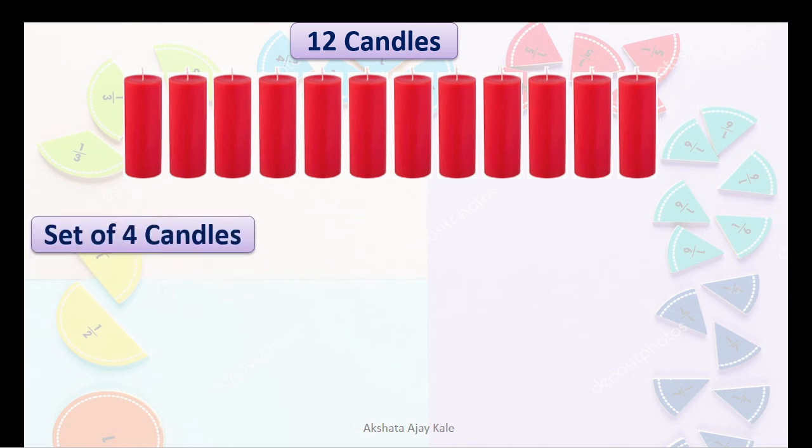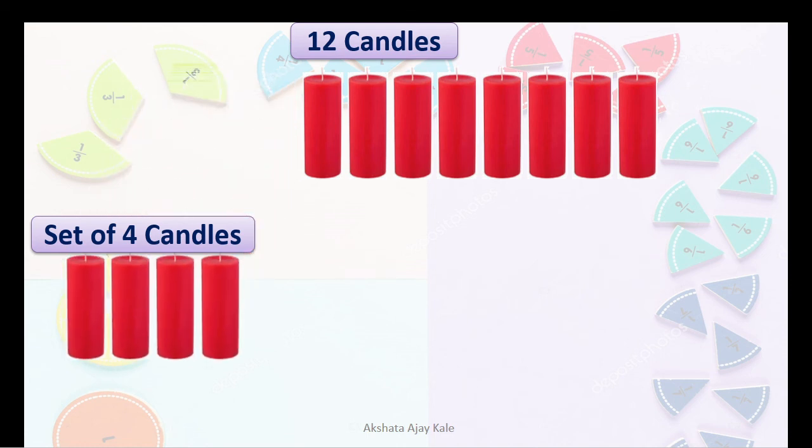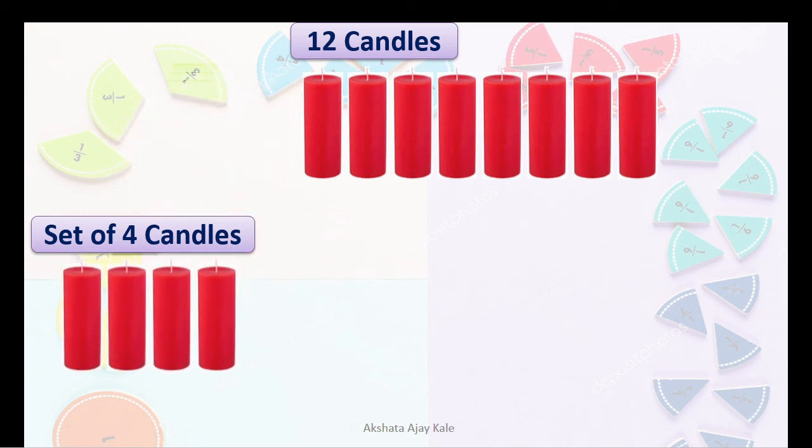Come on dear children. Can we make sets of 4 candles here? Yes. Okay. Then tell me how many sets you will get of 4 each. Okay. We will go through. Take these 4 candles in one group.